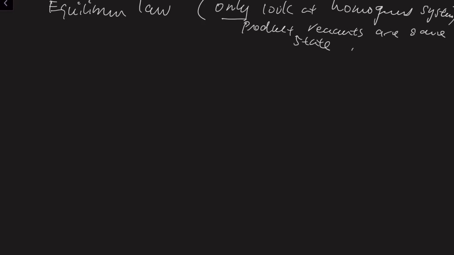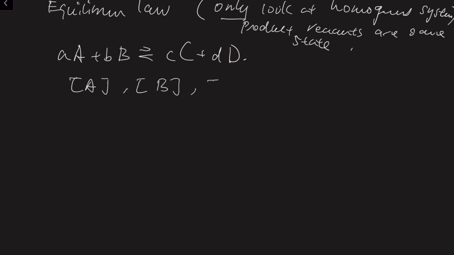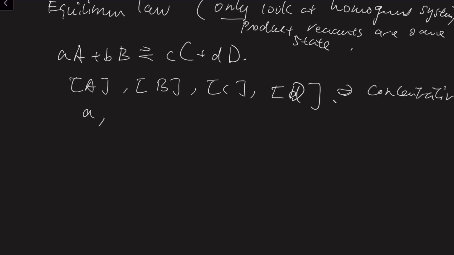So maybe I use some symbols first, and then we can go into a more concrete example. So in this case, the capital letters A, B, C, D depict concentration. The small a, b, c, d represent the mole ratio.